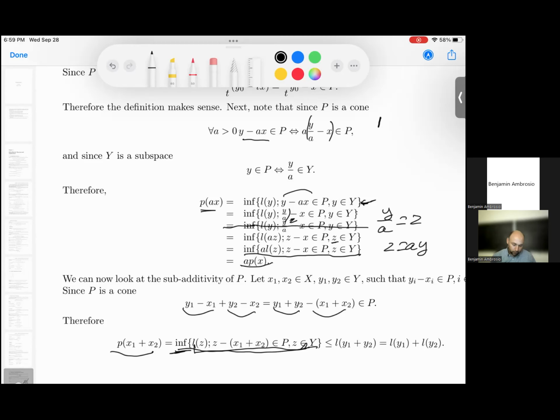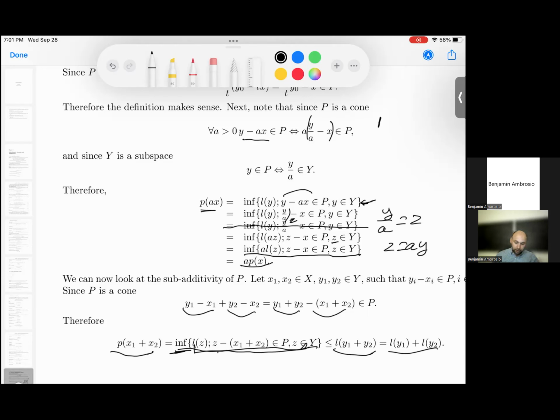Y1 plus y2 belongs to this set, so this quantity is less than this one. But now, by the linearity of L, I got that. So now, what can I do?